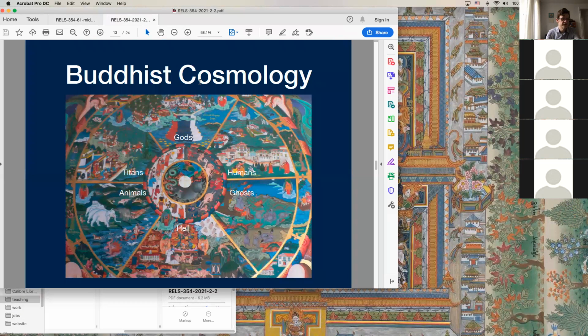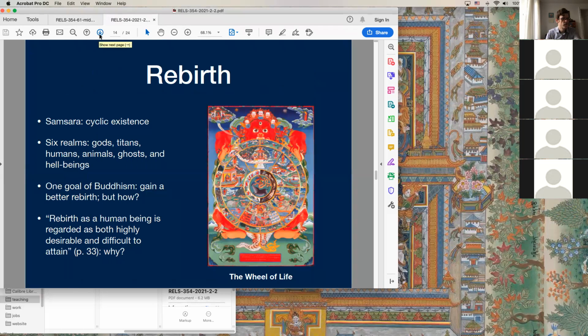What is cosmology? Did you take notes about this in class? Isn't it like the study of the universe? Study of the universe, yeah. And more specifically, what does time look like? Remember, we talked about Buddhist time being kind of infinite in both directions. What sorts of beings exist in the world, right? The six realms and all the different beings in those realms.